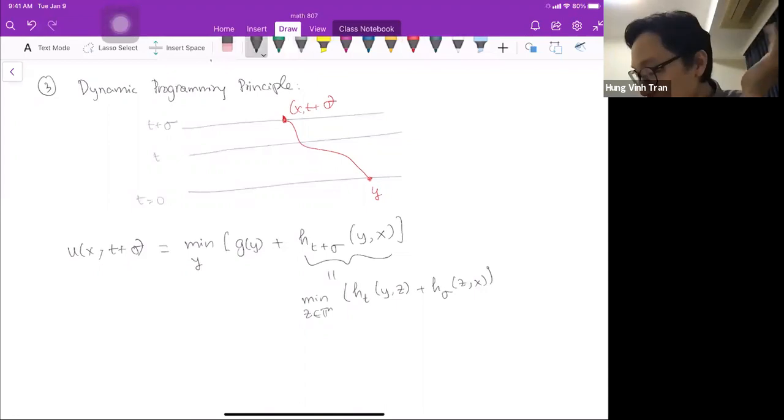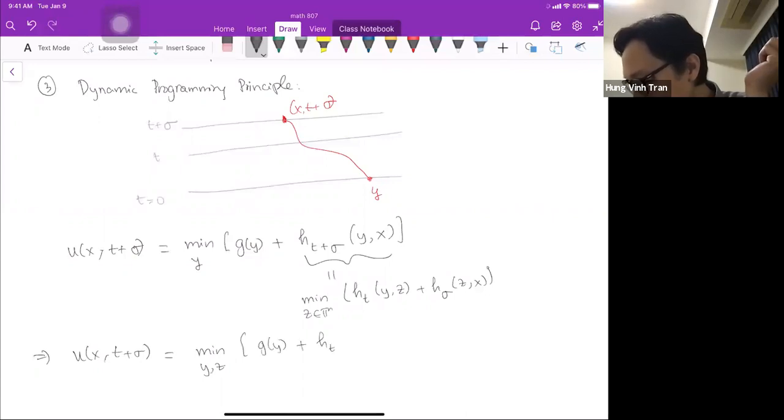You see that it's beautiful that I can break it into the minimum, and this allows us to write that u(x, t plus sigma) equals the minimum over y, z. Let's just pull it out first, and then I'll put it back later: g of y plus h_t of y, z plus h_sigma of z, x.